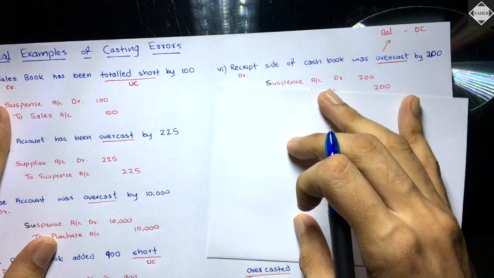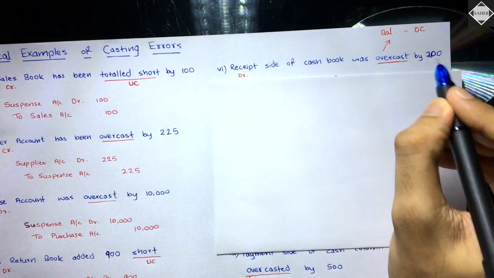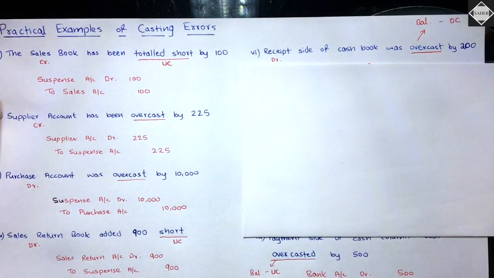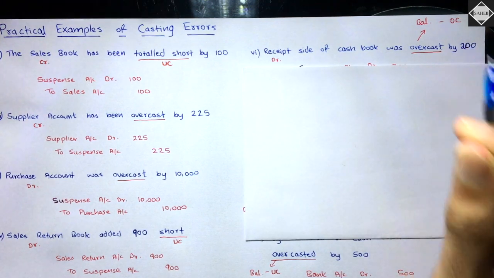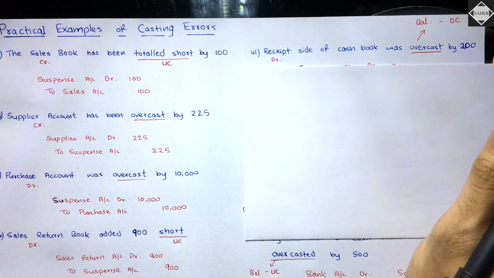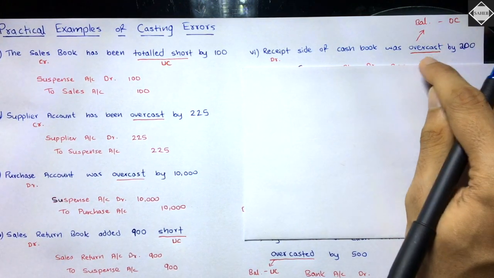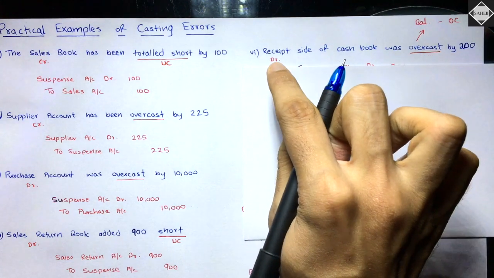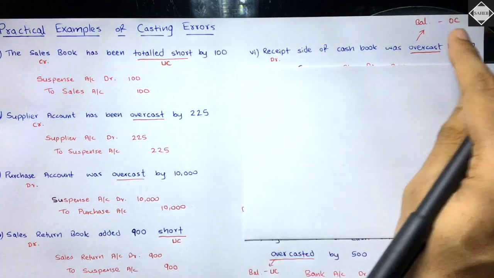Now the next transaction is, see here, receipt side of cash book was overcast by 200. What you have to do? This is a cash book casting error. You have to check the effect on the balance, right? It is overcast, and here you have receipt. So receipt side and balance are positively related.